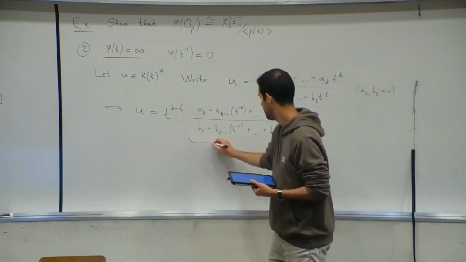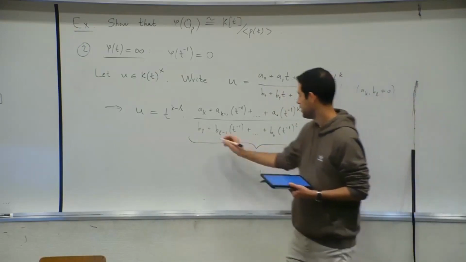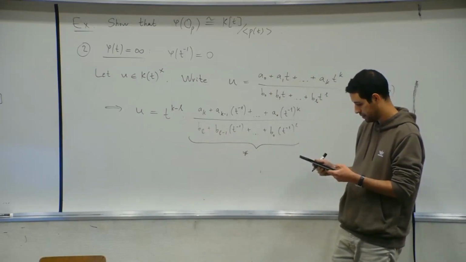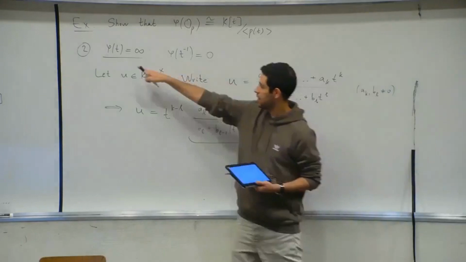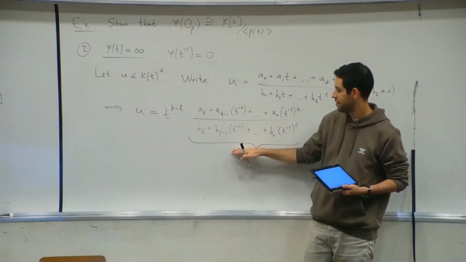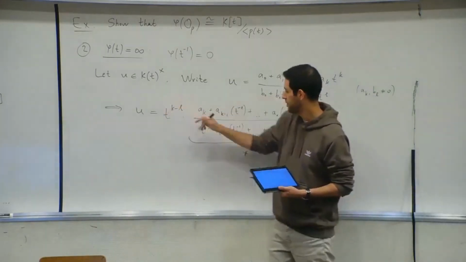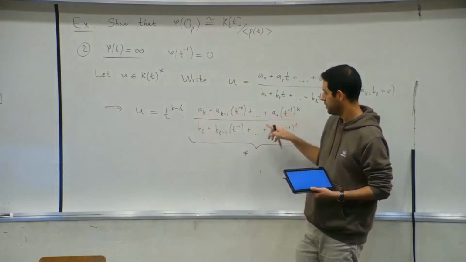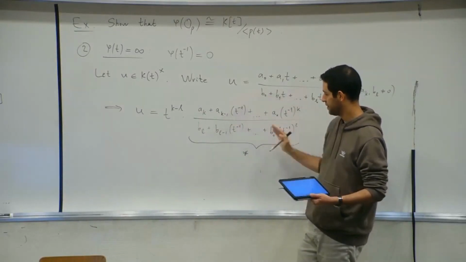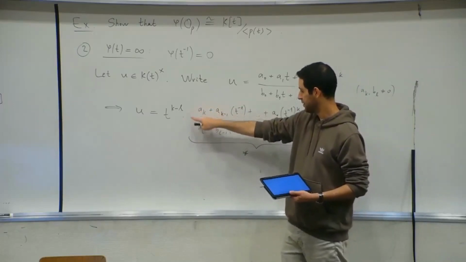Okay, and what can we say about this term? Right, and if phi is a place, where it has to be mapped. So if we only consider this, T to the minus 1 has to go to 0, and since everything is nice, phi of this is phi of this over phi of this.